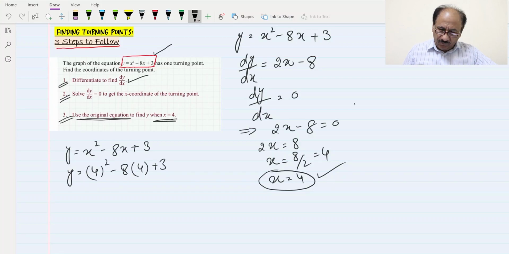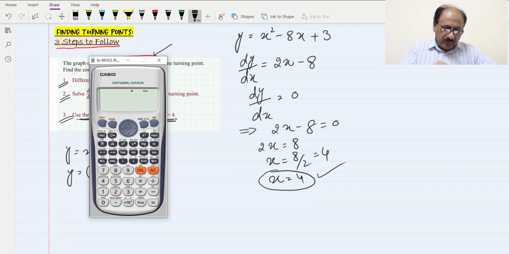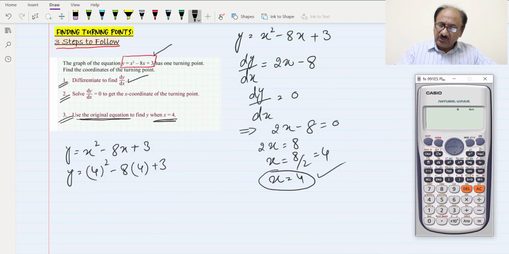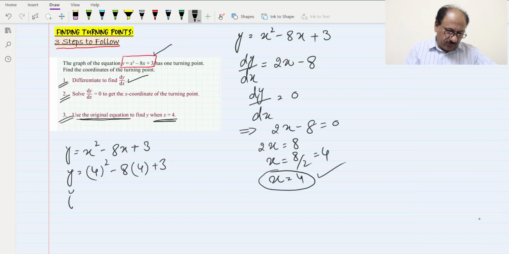Solving this, 4 squared minus 8 into 4 plus 3 results in minus 13. So y is equal to minus 13.